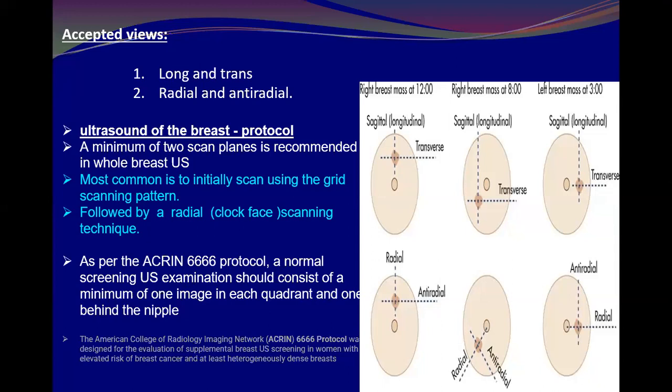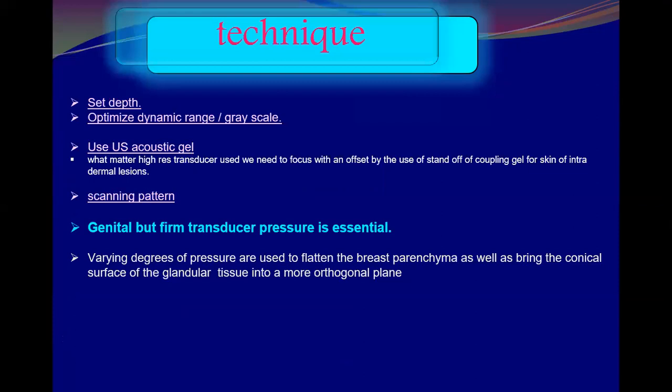And as we mentioned, we have 5 zones: 4 quadrants and the subareolar region. For each quadrant, and for the subareolar region, we have to have at least 1 image. And apart from the abnormal area, we'll talk later about the area of abnormality.